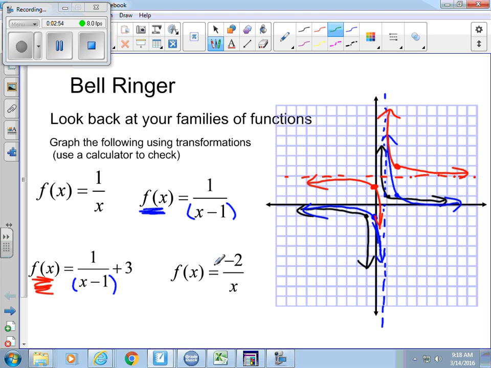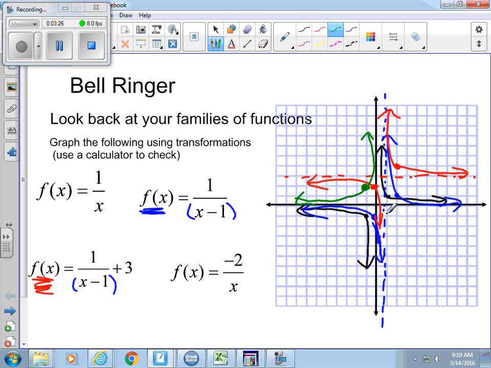This one, what does a negative do? Reflects it over the x-axis, and then a 2 vertically stretches by 2. So from the original, this negative 1 will be at a positive 2. Will the asymptotes move? No, because 0 times anything stays where it is, right?